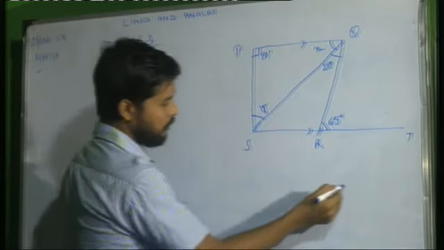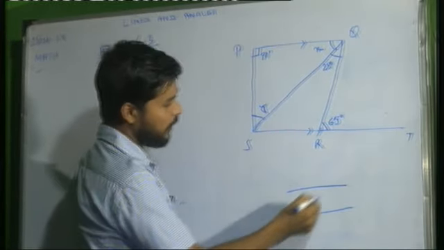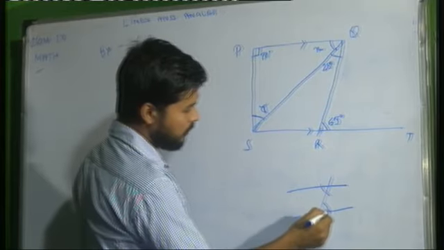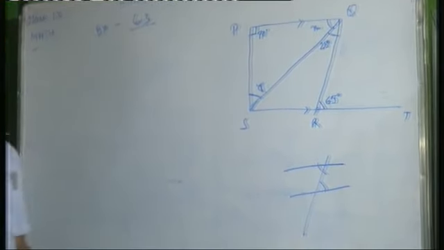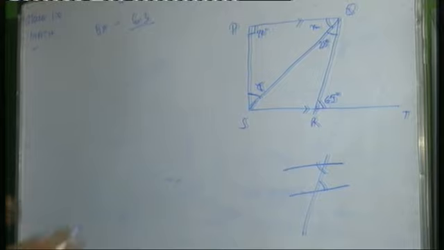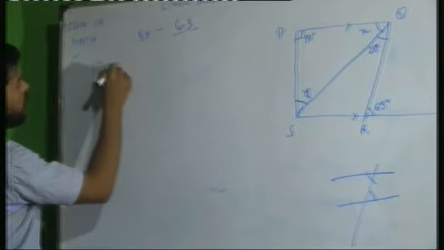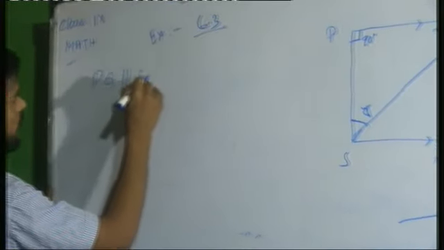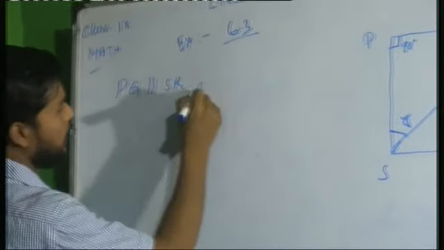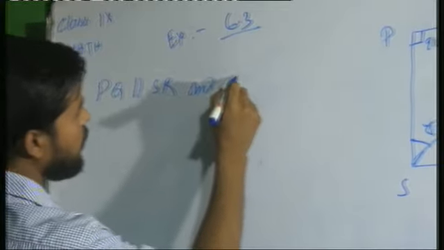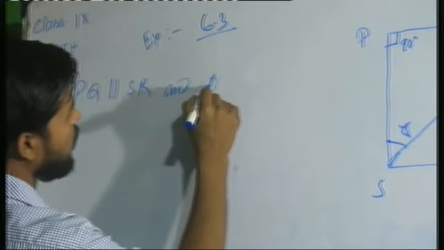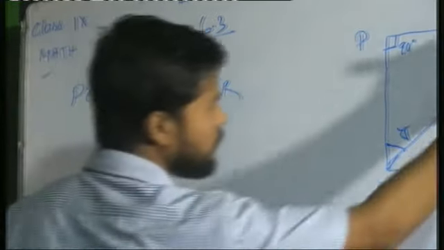These two lines are parallel to each other. Now look, we know if there are two parallel lines and one transversal, so these two angles are alternate interior angles and they are equal. So here there are also two parallel lines. One is PQ and SR are two parallel lines, and look, the line QR is the transversal.